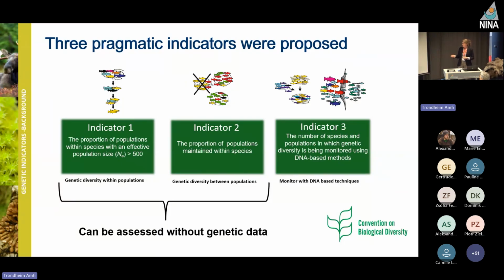Indicator 2 is the proportion of populations maintained within species, and a third indicator is the number of species and populations in which genetic diversity is being monitored using DNA-based methods. I would like to highlight that both indicator 1 and 2 can be assessed without genetic data. So it's both DNA-based but also proxy-based data.